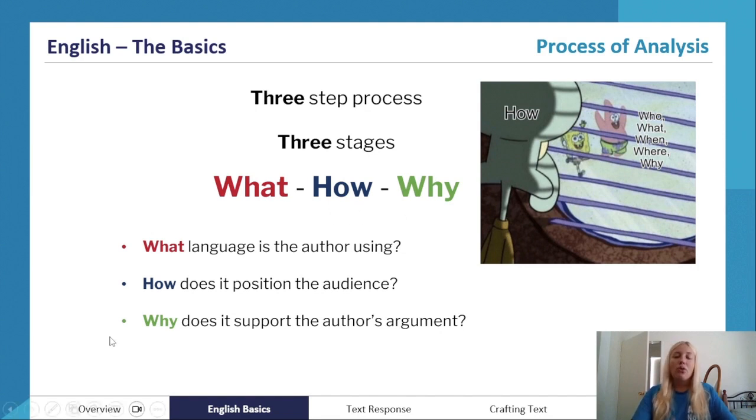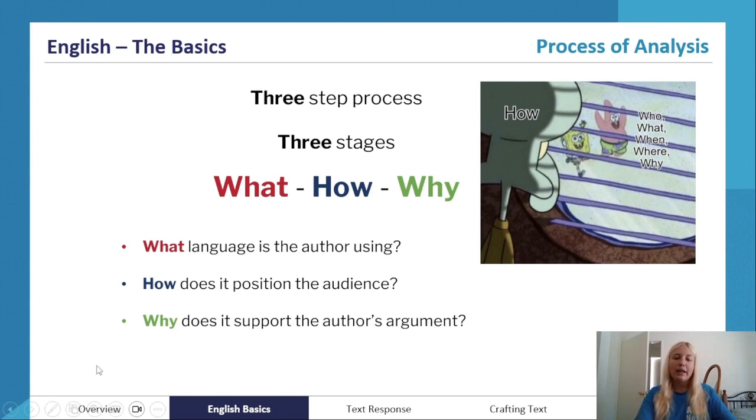Then, once you've incorporated the evidence, you've completed the what stage, you move on to the how stage. This is where you look at the intended effect on the audience. This is your analysis of how the author aims to influence readers to think or feel, to make them want to do something. So, this is the author's intended effect.